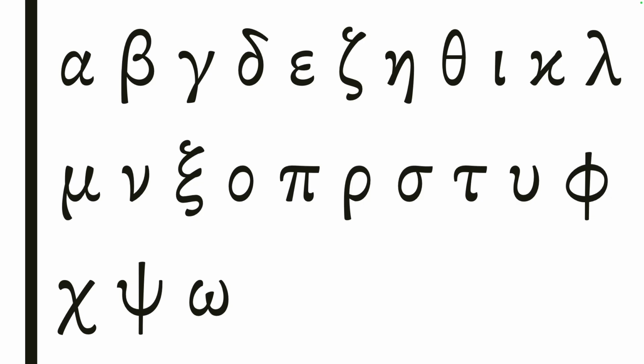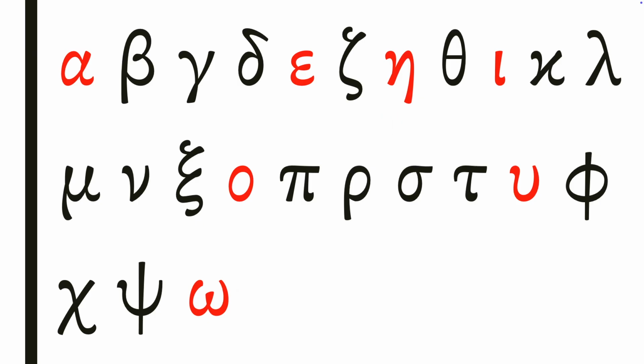All right, so now that we've gotten the characters or letters out there, we need to determine which ones are vowels and which ones are consonants. So here is our entire Greek alphabet, and we're going to put the vowels into red characters here. So our vowels in Greek are alpha, epsilon, eta. Perhaps this is the trickiest one.